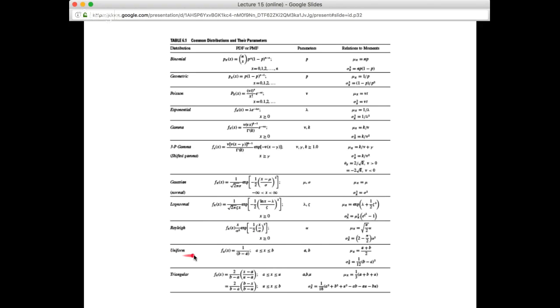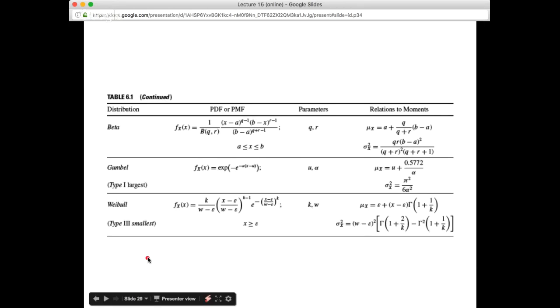There's the uniform distribution, which actually, remember, the beta distribution conforms to in certain limits for Q and R. But basically, that just says there's equal probability density between the two limits here, A and B. There's a triangular distribution, which we really haven't talked about. Then we have the beta distribution and a couple of additional distributions, the Gumbel and Weibull distributions, which we really haven't talked about.